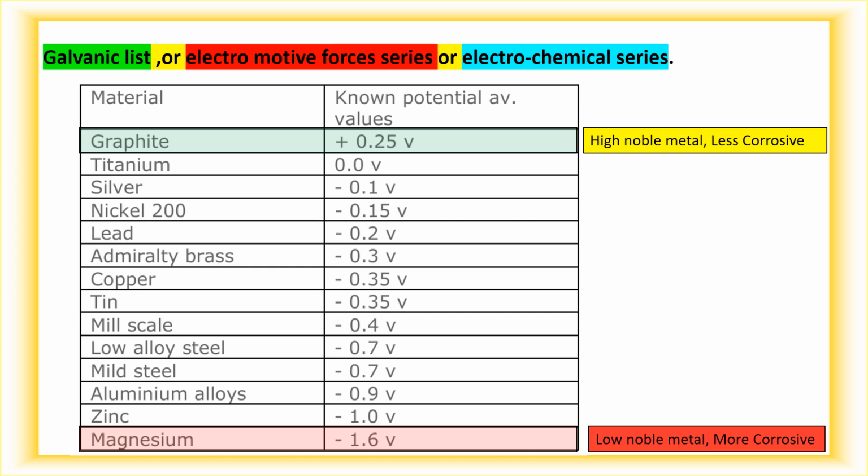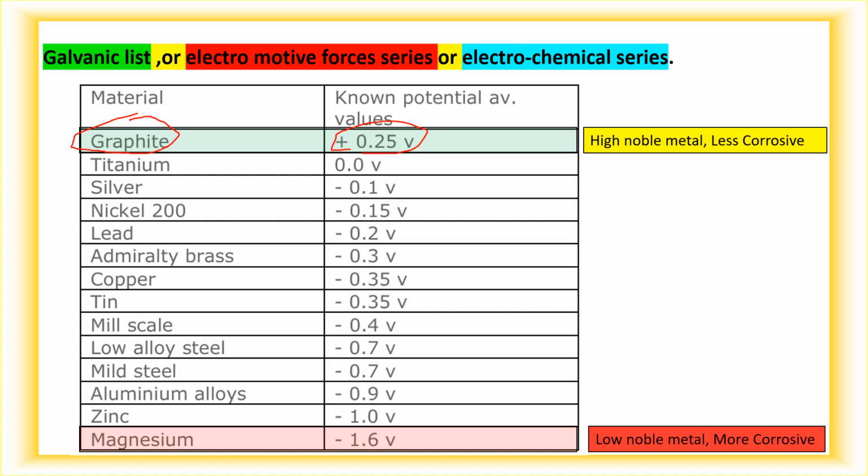So this is the table you can see, the galvanic list. This table can be called a galvanic list, electromotive force series or electrochemical series. You can see from the list, graphite is a high noble metal having less corrosion, and the potential value is 0.25 volt, and magnesium is a low noble metal, more corrosive.